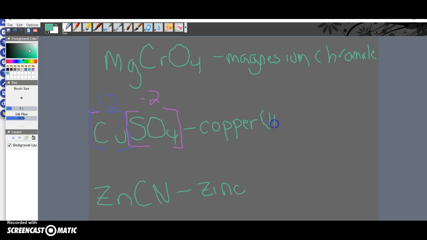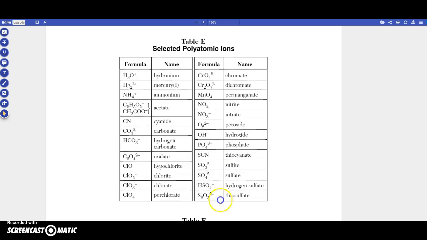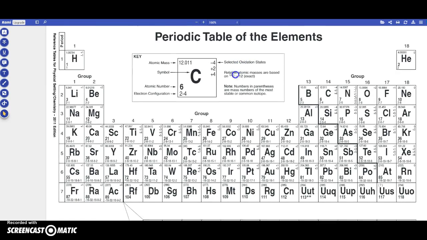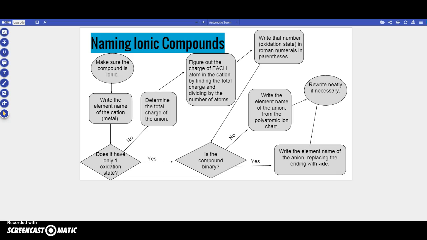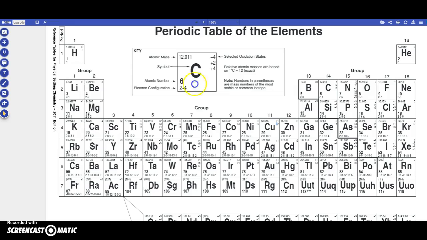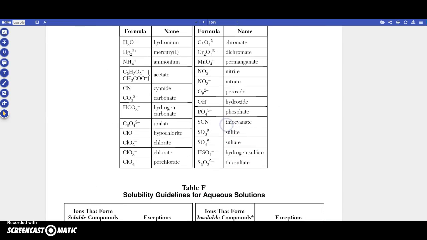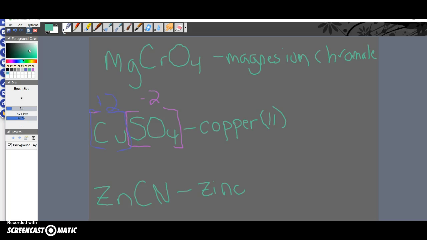I'm just going to write copper 2, meaning that this is the form of copper that is going to be +2. Is the compound binary? Nope. We're going to look at our polyatomic ion chart up here, and we already said that it is sulfate, right? Not sulfite, sulfate, because it's SO4. So we're going to write copper 2 sulfate.